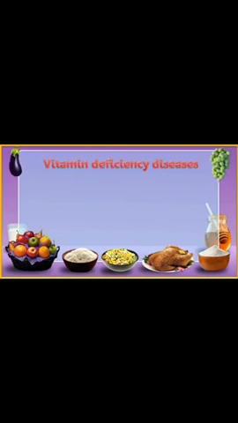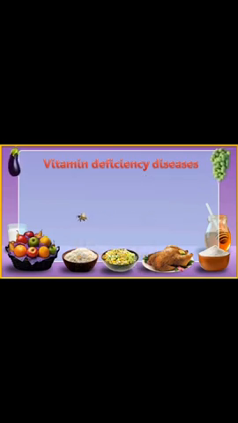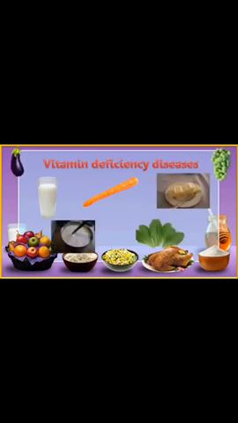Due to lack of vitamins in our diet, the following diseases are caused. Night blindness is caused by the deficiency of vitamin A, and the symptoms are that the person cannot see in dim light or at night, and it can be cured by having milk, carrot, butter, curd, green leafy vegetables.